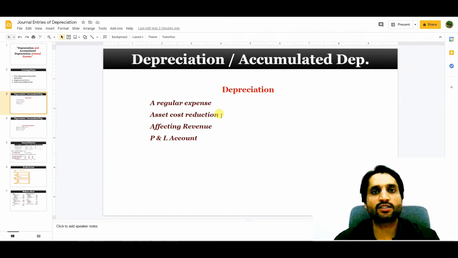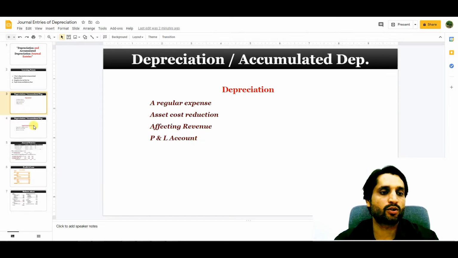So the value which is going to decrease, we need to record as depreciation, as an expense. It directly affects revenue, because when we record the depreciation expense, our revenue decreases. Also, this account is related to the profit and loss statement or income statement.